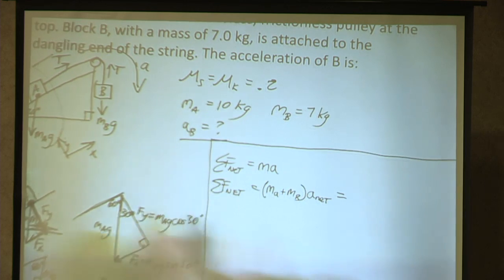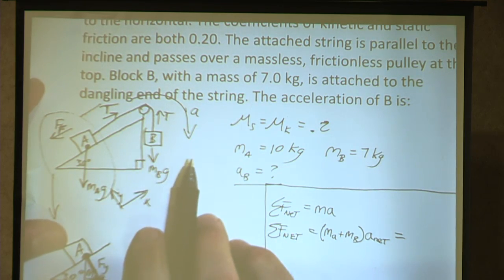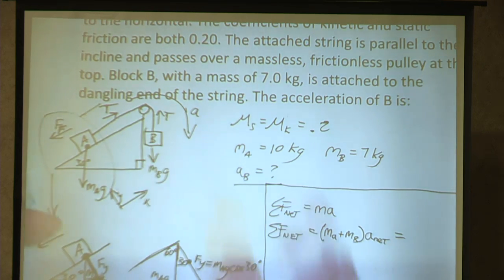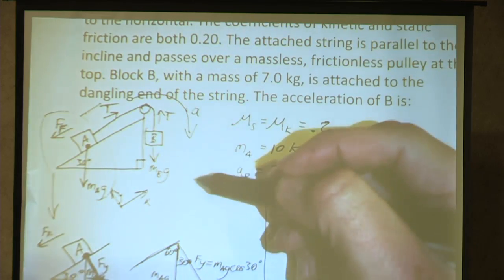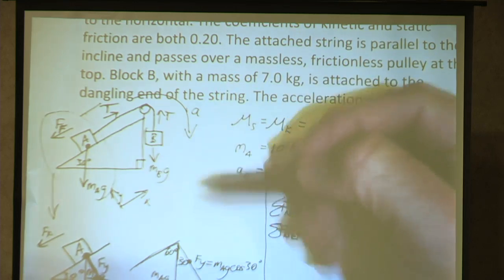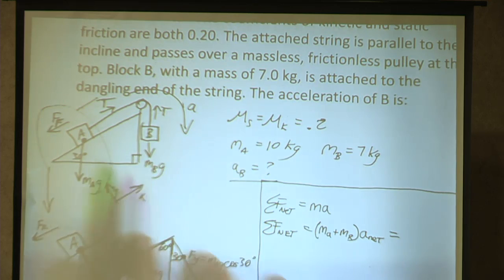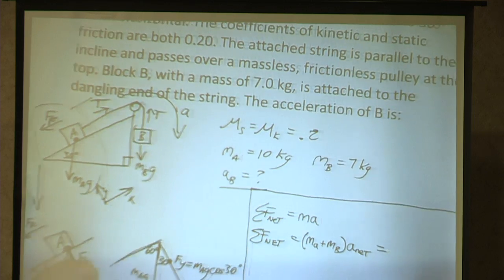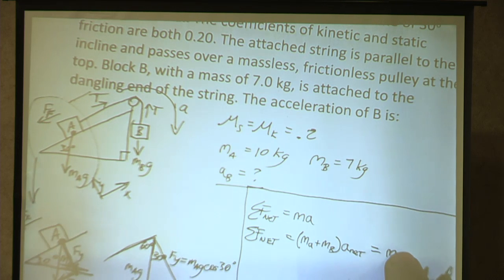Based on this drawing up here, and this is just my convention, you can think about it another way, it really doesn't matter. It's all about how you set up the problem. I'm considering anything positive is going to make this whole system go in that direction. It's going to make block B move down, and it's going to make block A move up. So what makes block B move down? That's MB times G. That's positive, and that's really the only positive thing we have going on.